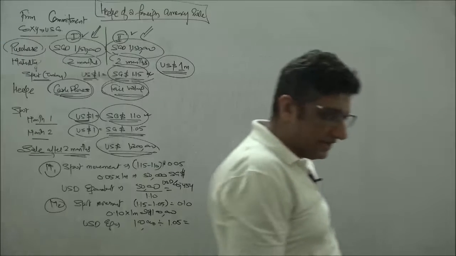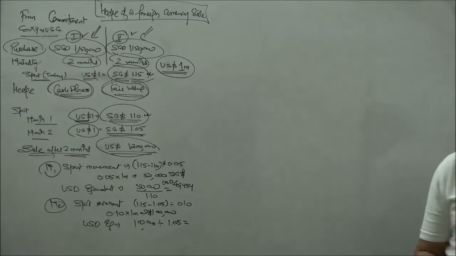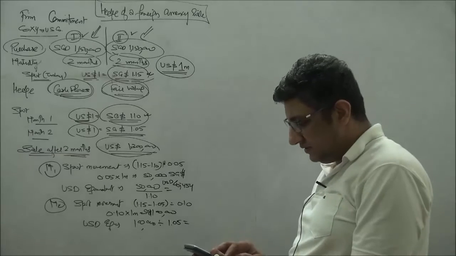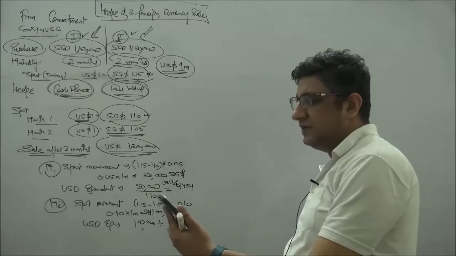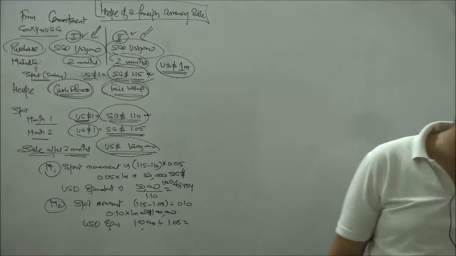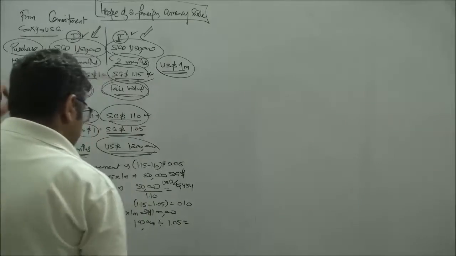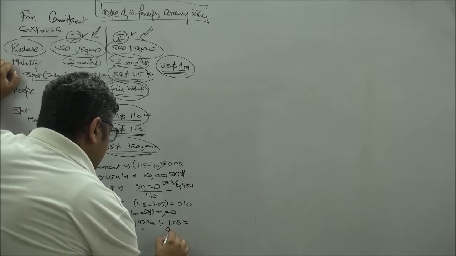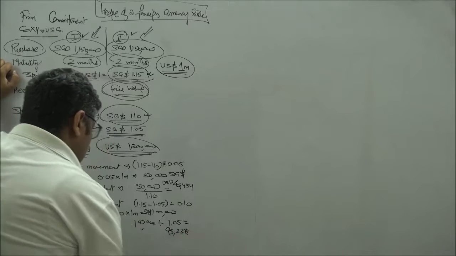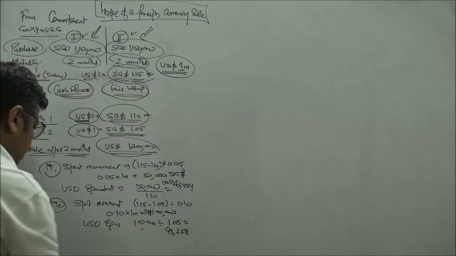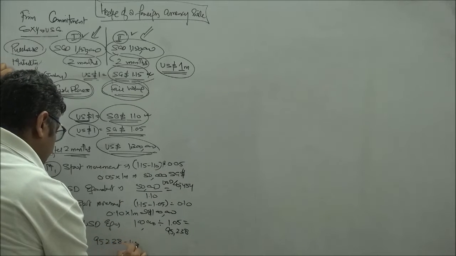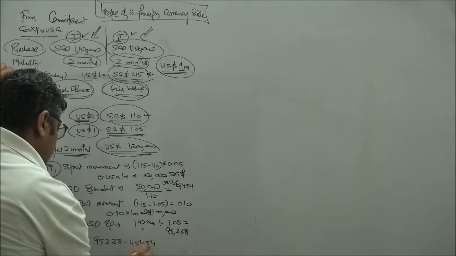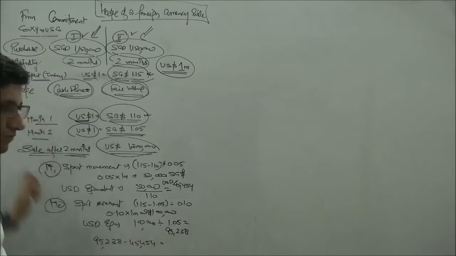This is the cumulative movement so far, and that comes to 95238. Or we can also say the movement between the two periods is 95238 minus 45454.